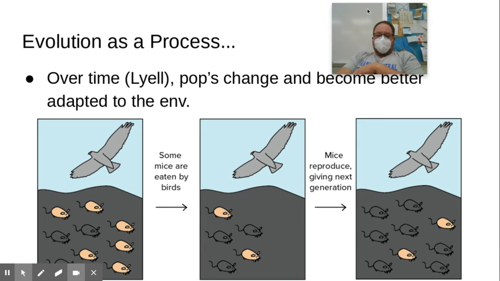Over time, the population changes. And again, the idea of Lyell is that the Earth is old and always changing. So since the Earth is old and always changing, that gives a reason and it gives time for populations to change. So, Darwin synthesized a lot of ideas. He pulled a lot of points together to sort of make sense of what goes on with evolution.